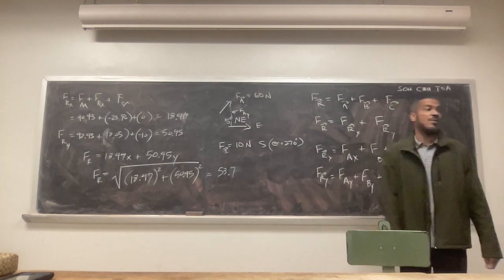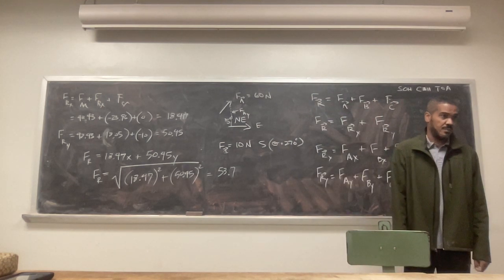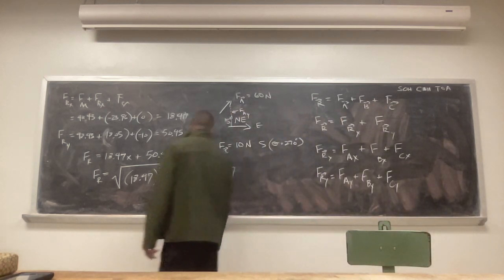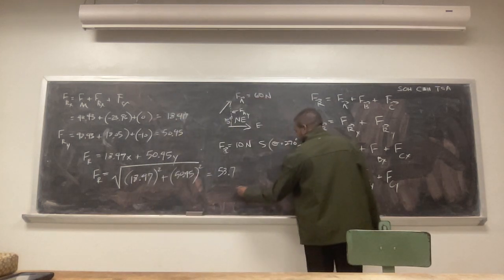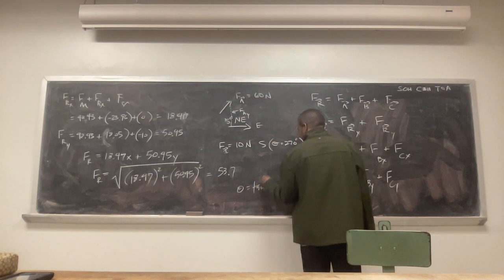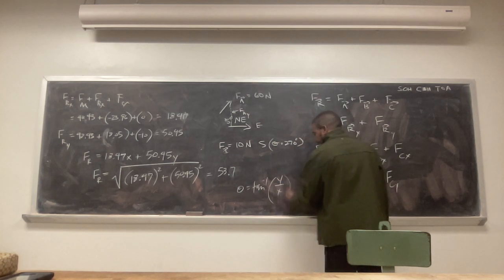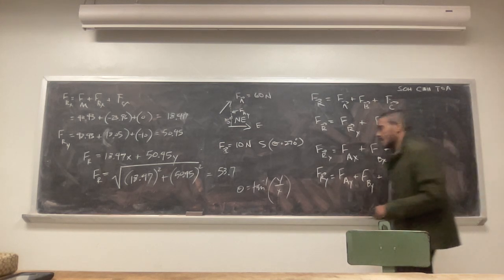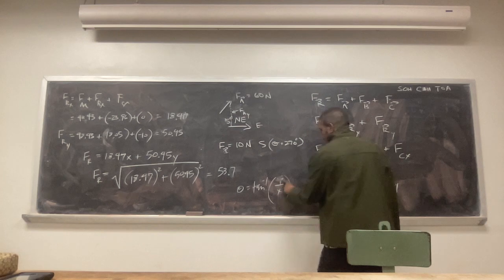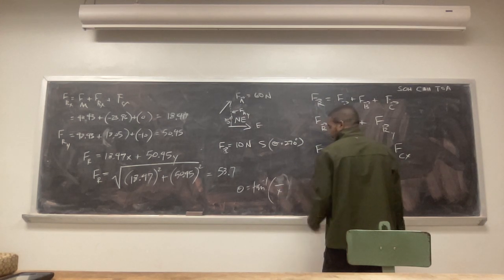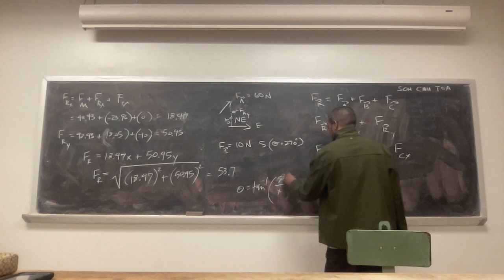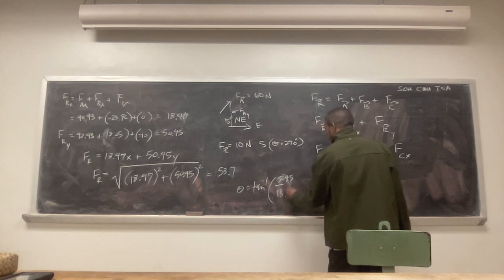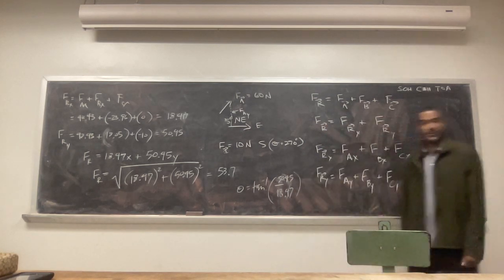Okay, and now, how do we find direction? Inverse tangent. So theta is equal to tangent inverse of y over x. Y is 50.45 and x is 18.47.